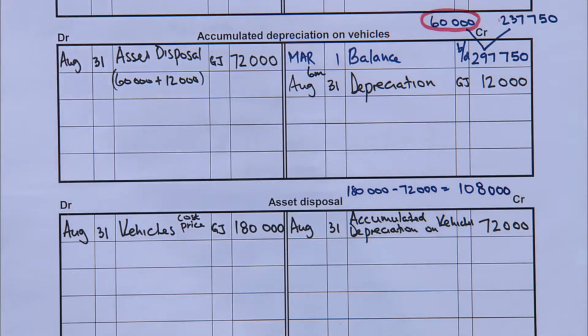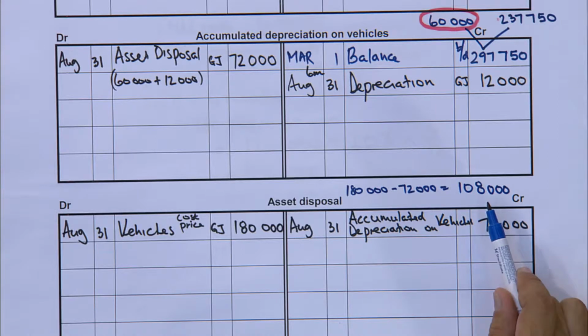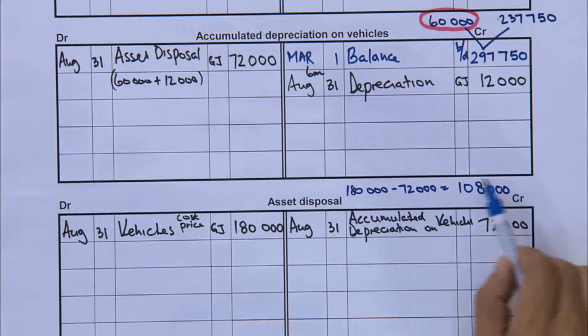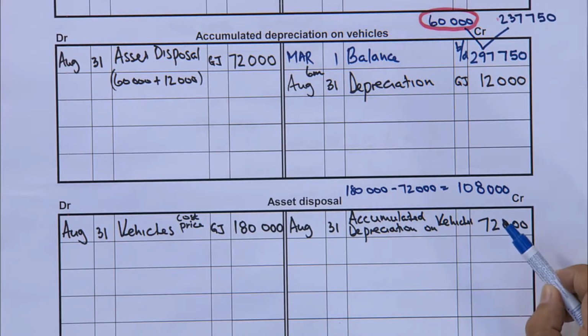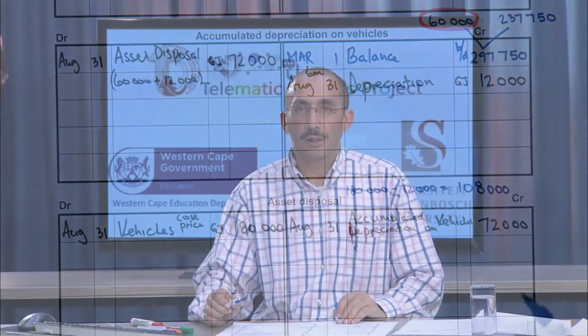In other words, that vehicle that I bought for 180,000 is now worth 108,000. If I'm selling it for more than 108,000, I'll be making a profit. If I'm selling it for less than 108,000, I will be incurring a loss.